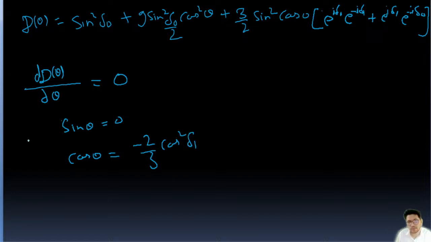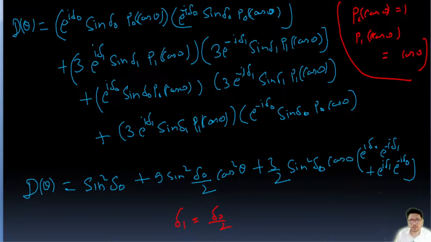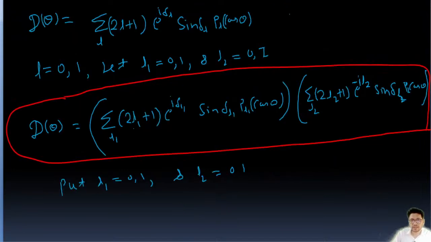Okay, this is the answer. So cos theta value is for minimum value. We'll differentiate this with respect to theta, make it equal to 0, and then we'll get the value of cos theta. Okay, so this is minus 2 by 3 cos square delta 1. Okay, so which option is matching, guys? This is a lengthy question. You need to practice this, guys.